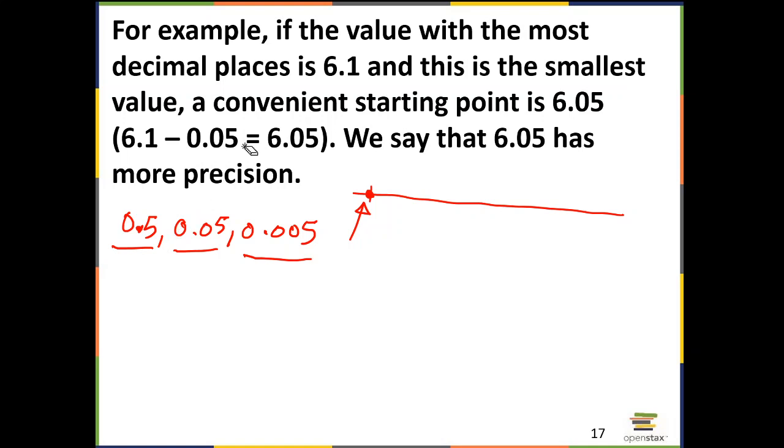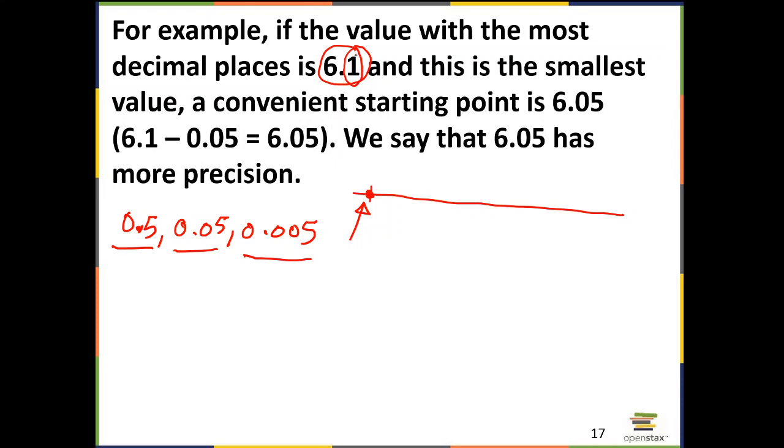For example, if the value with the most decimal places in the data is 6.1, that means the data has only one decimal place, right? Decimal places are the places after the decimal point. If all the numbers are integers, then the number of decimal places in the data is 0.